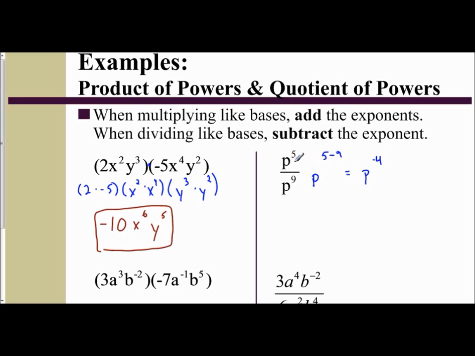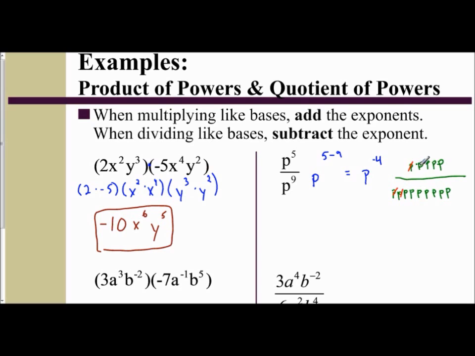P to the 5th means you have 5 p's in the top of the fraction. P to the 9th means you have 9 p's in the bottom of the fraction. And so remember, if you have anything in common on the top and the bottom, you can cross it out.